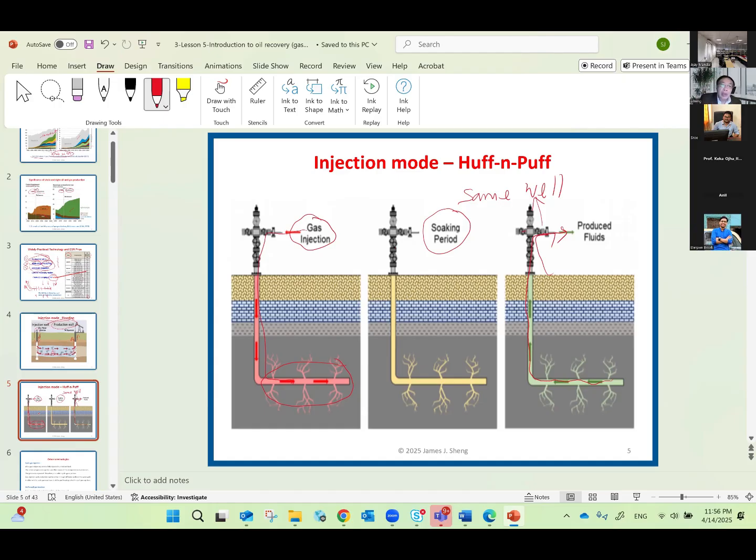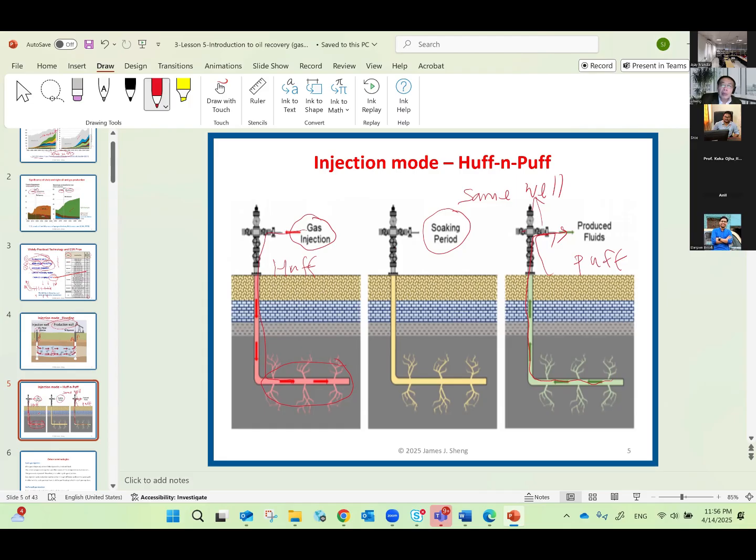So in this case, when the gas is injected, or you could inject other fluids like water or anything, during the injection we call it the Huff. Then during the production, the term is Puff.